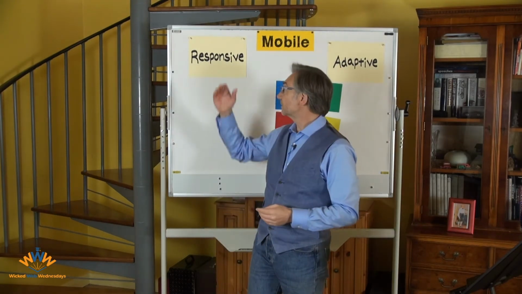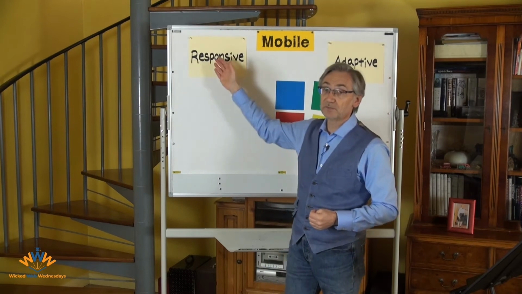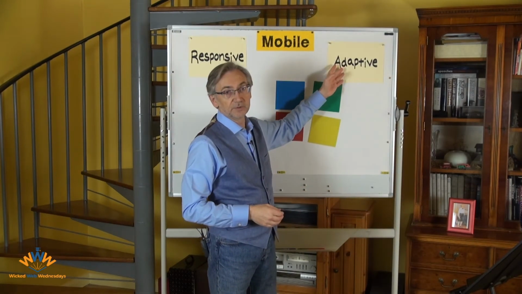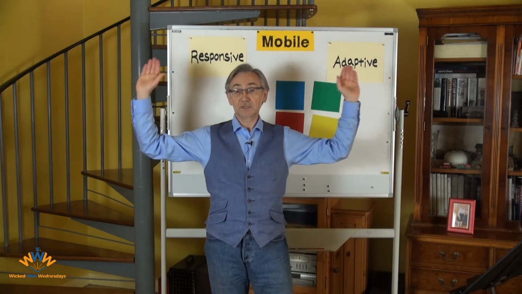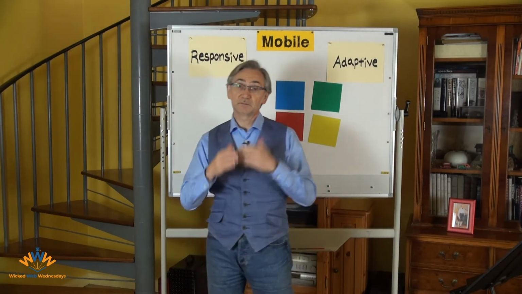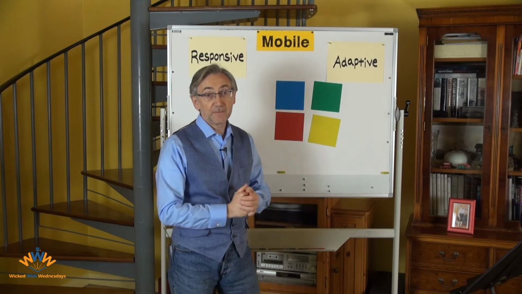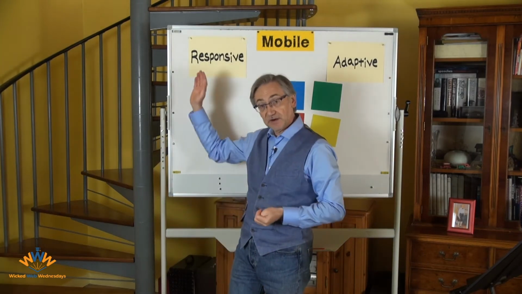Adaptive versus responsive. Lots of people are familiar with this term, responsive. Few people are familiar with adaptive, and the purpose of this video is to draw these two terms to your attention so that you can talk about them intelligently when you have conversations with web designers and the like. Be aware that adaptive sites exist out there, and you don't have to necessarily have a responsive site.